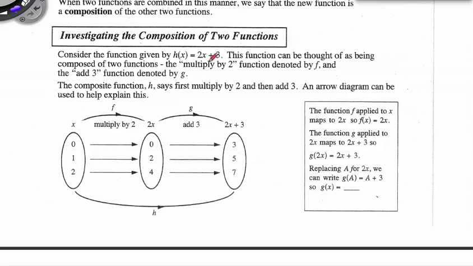Simply we multiply by 2, we take x, we multiply by 2, and then we add 3. Two functions. The multiply by 2 function is denoted by f, and the add 3 function can be denoted by g. What they're saying here is that we take x, if we multiply it by 2, that function is simply multiplying by 2.